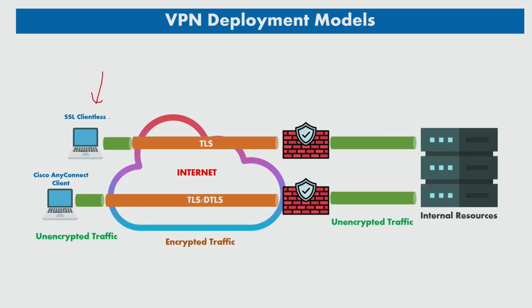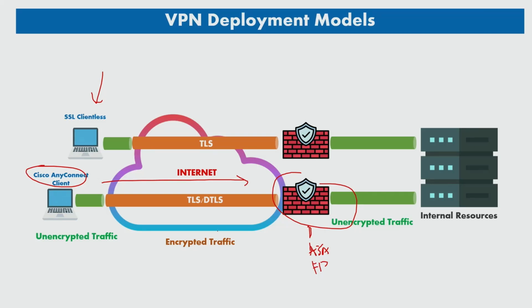Cisco AnyConnect uses a virtual network adapter in the host computer to send traffic back to the VPN gateway in the corporate headquarters, such as a Cisco ASA firewall, or it could be a Cisco Firepower Next-Gen firewall.